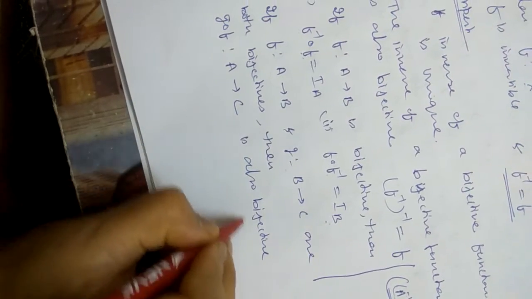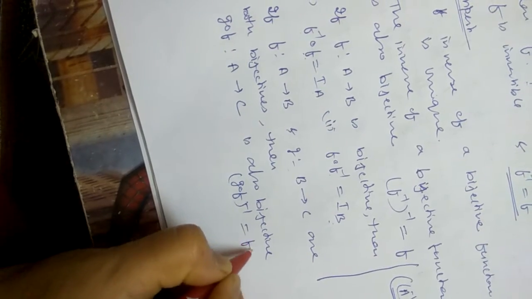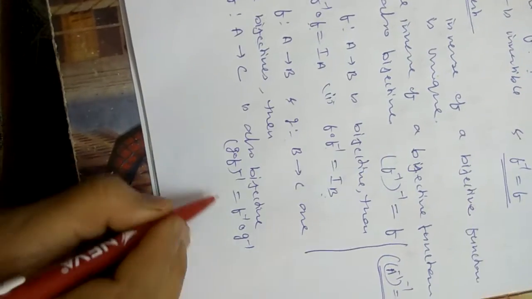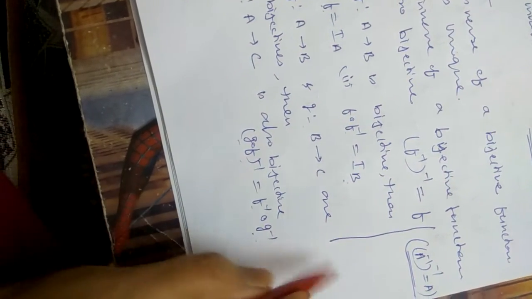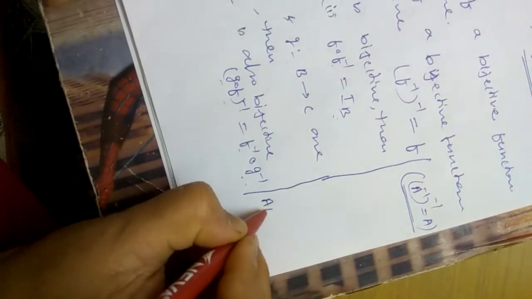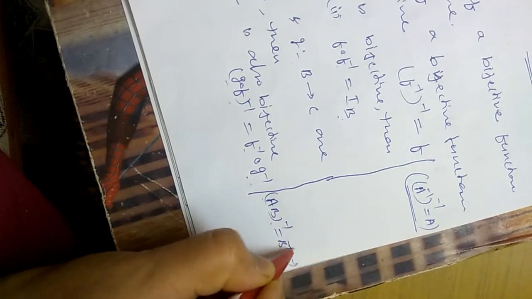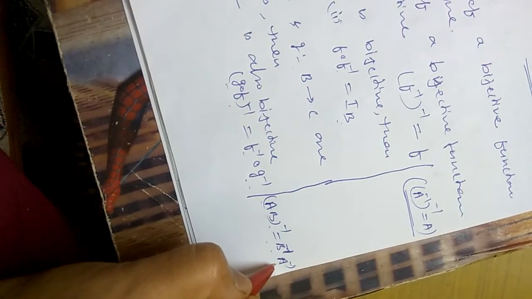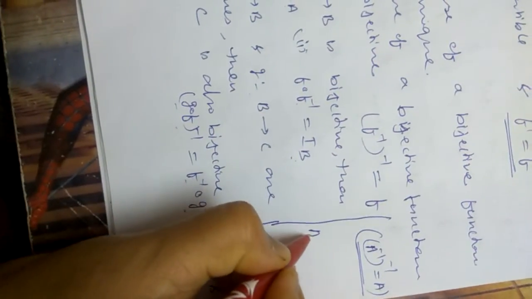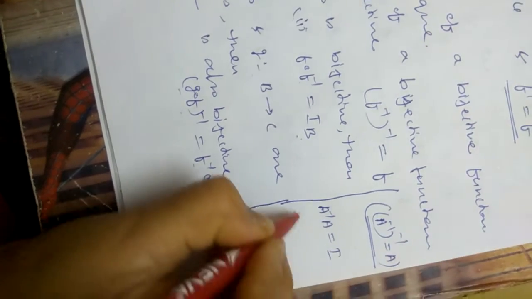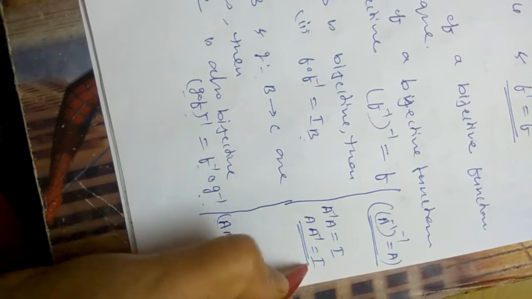That means we can say (g of f) inverse is equal to f inverse of g inverse. Similarly, according to matrices, (AB) inverse is equal to B inverse into A inverse, that is in the reverse order. And in the third one, according to determinants, A inverse of A is equal to I, and A into A inverse is also equal to I.